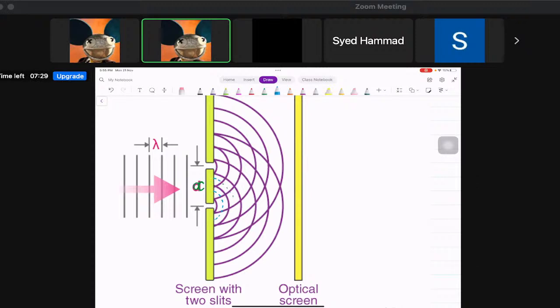For the first source, let's call this S2, let's call this S1. For S2, I'm making the dotted line to show troughs in the middle. Every solid line connects crests, and the dotted line connects troughs.